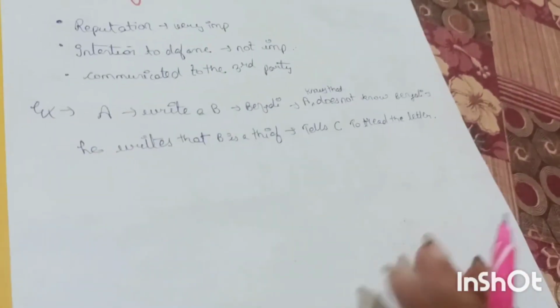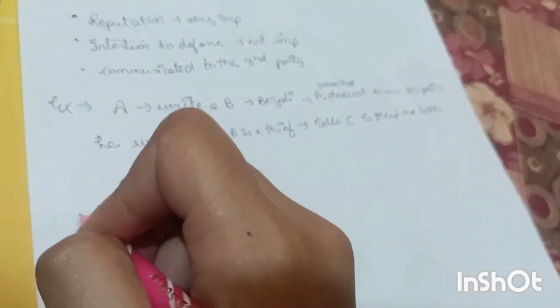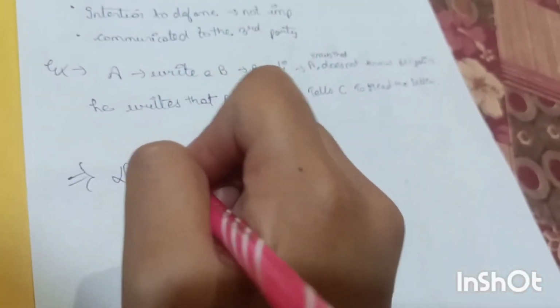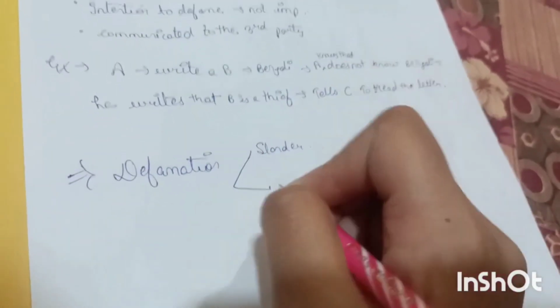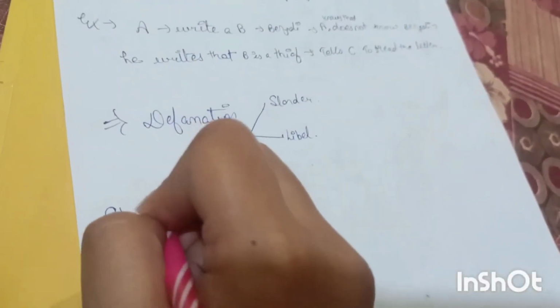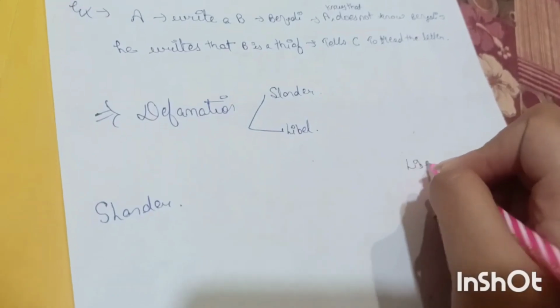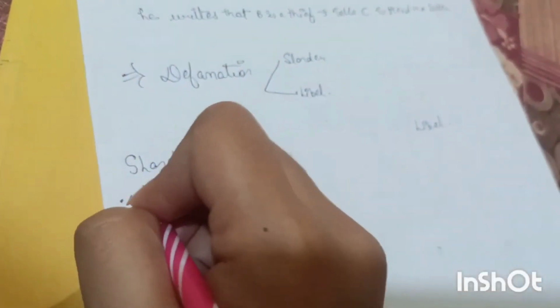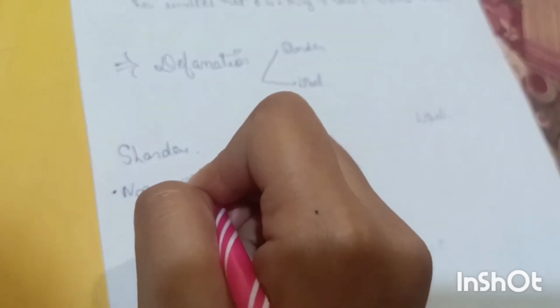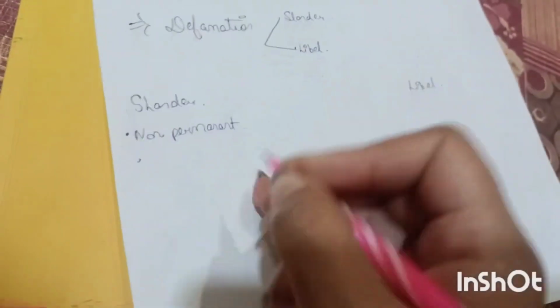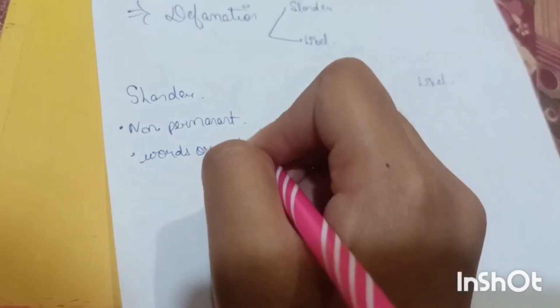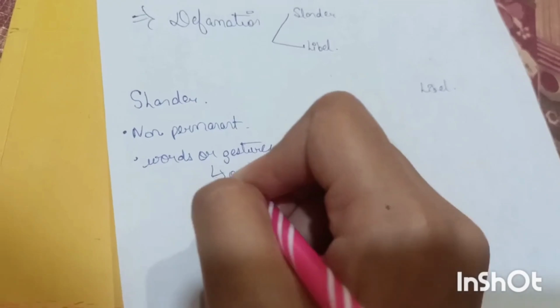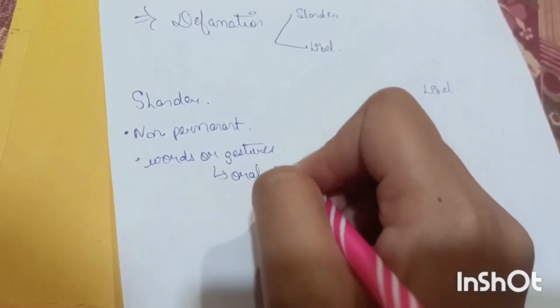Okay. So now let's see, there are two types of defamation. Defamation is of two types. The first one is slander and the second one is libel. In slander, the defamation is non-permanent, done through words or gestures, which means it can be oral or spoken.